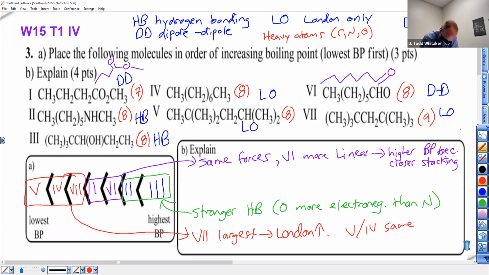Same mass, comma, same forces, but IV is more branched. Do we agree? No, wait. No, sorry. V is more branched. IV is less branched is what I wanted to say. IV less branched.